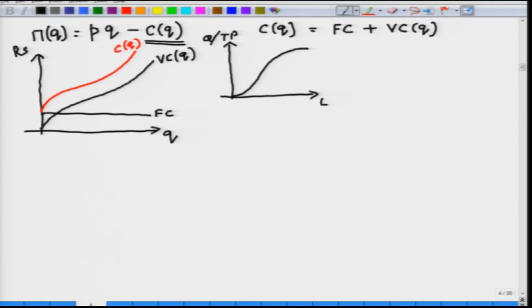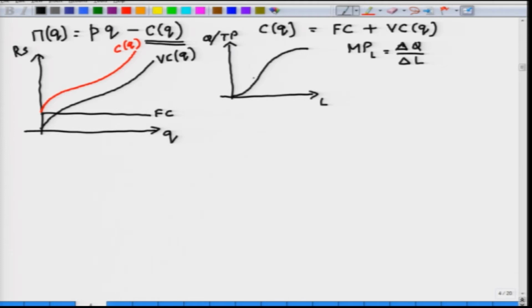Now, if this is the total product, we know that the marginal product of labor is the change in total product resulting from a change in labor input, keeping capital constant, right. So, to get to the marginal product of labor, we ask, if I change labor by a tiny amount, by how much does my output change?